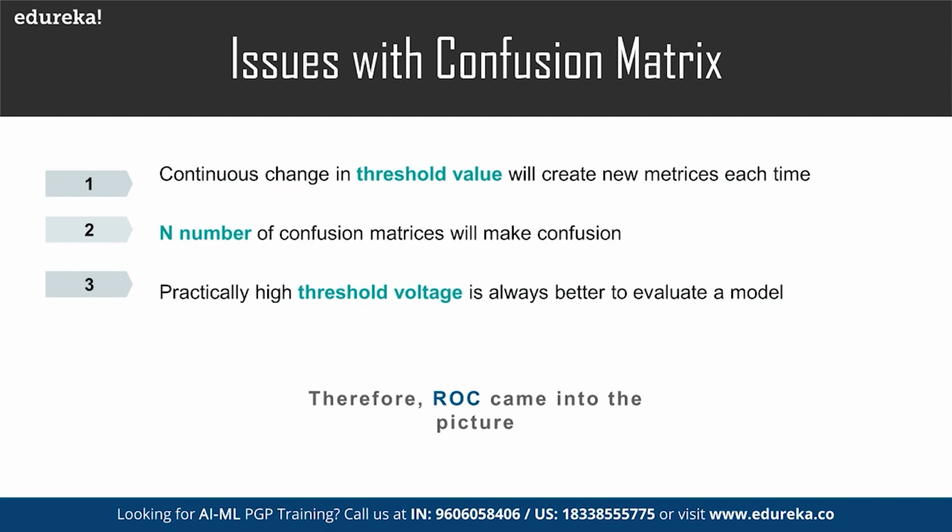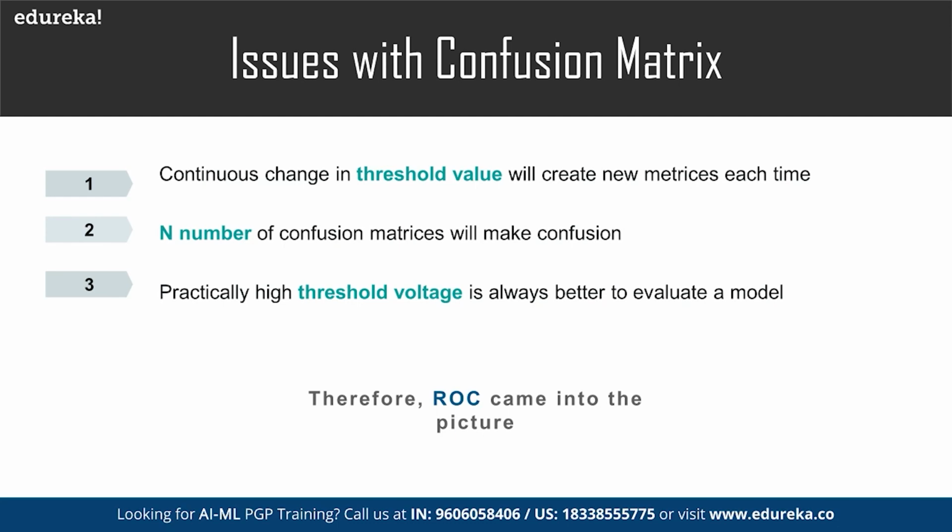As we continuously change the threshold values, we get a different confusion matrix each time, which will confuse everyone, including the programmer. We see this happening all over the place. And practically, a high threshold value is often used for training the model and also for evaluating a better model.